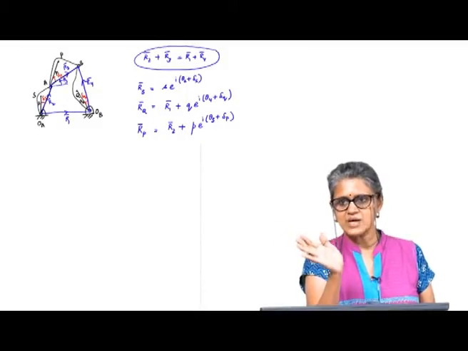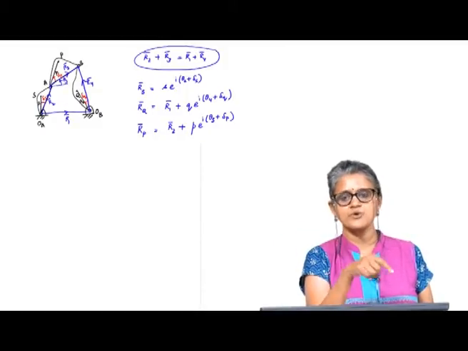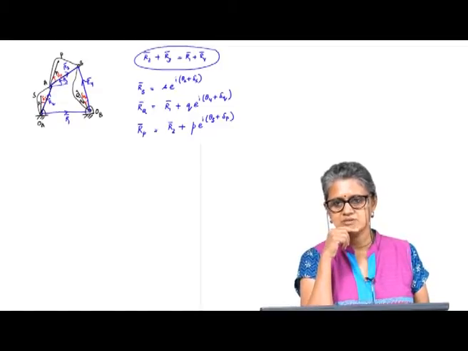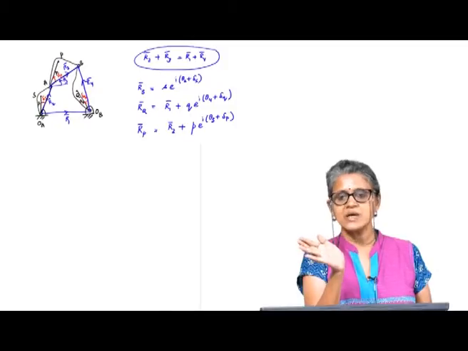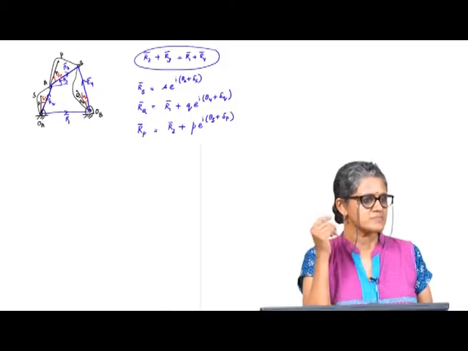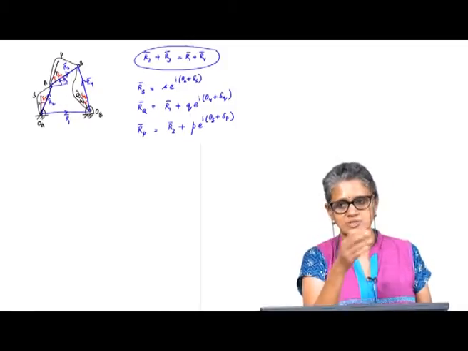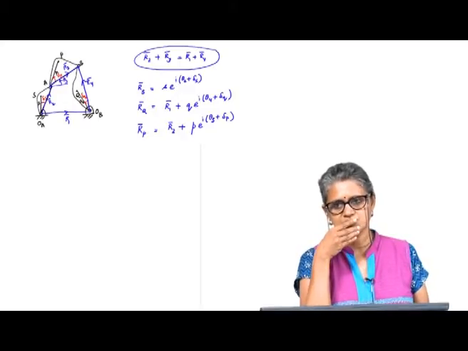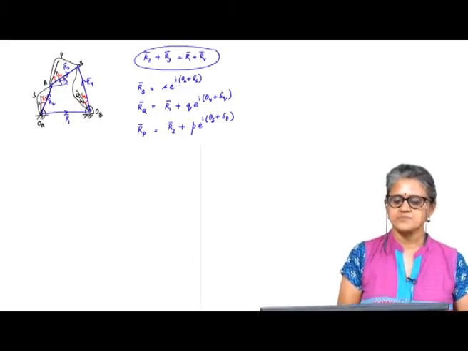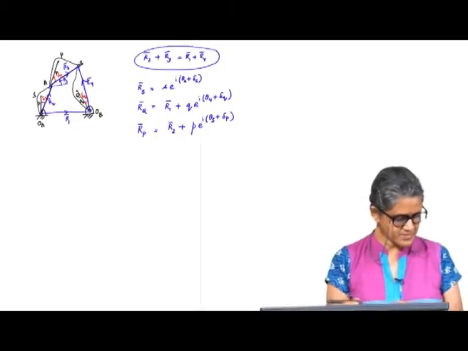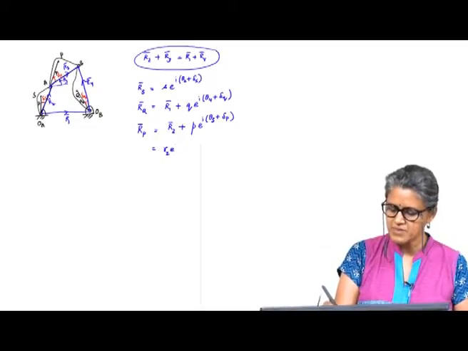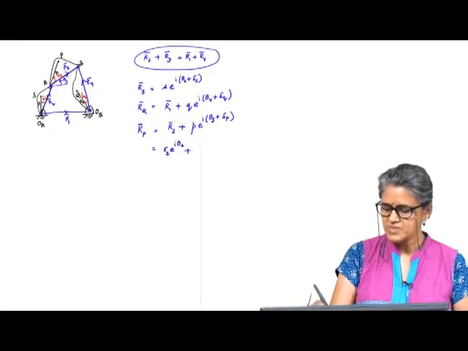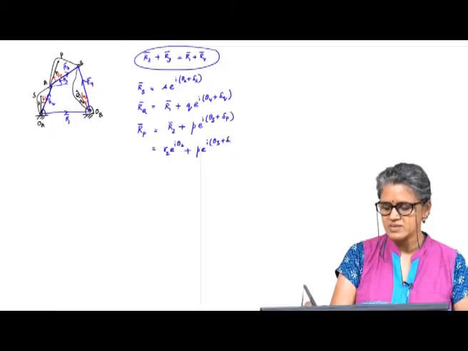It is relative to that rigid body, and P is a point on the rigid body, the coupler. So, with respect to any line on the coupler, or any point on the coupler, its position does not change. Okay. So, this is how you find the location. This is R2 e power I theta 2 plus P e power I (theta 3 plus delta P).